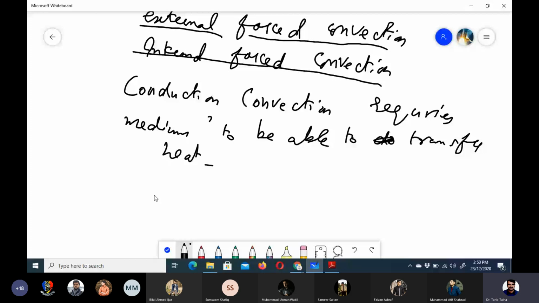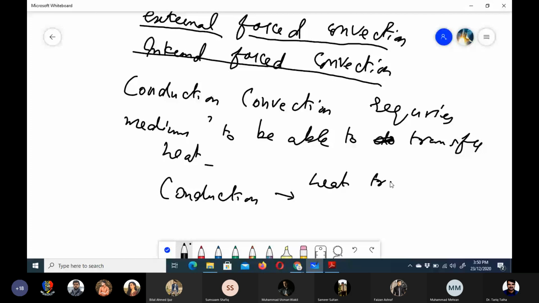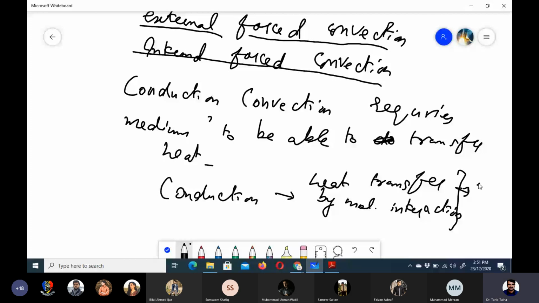In conduction, heat transfers by molecular interaction. We call it diffusion, diffusion of heat on the molecular level.